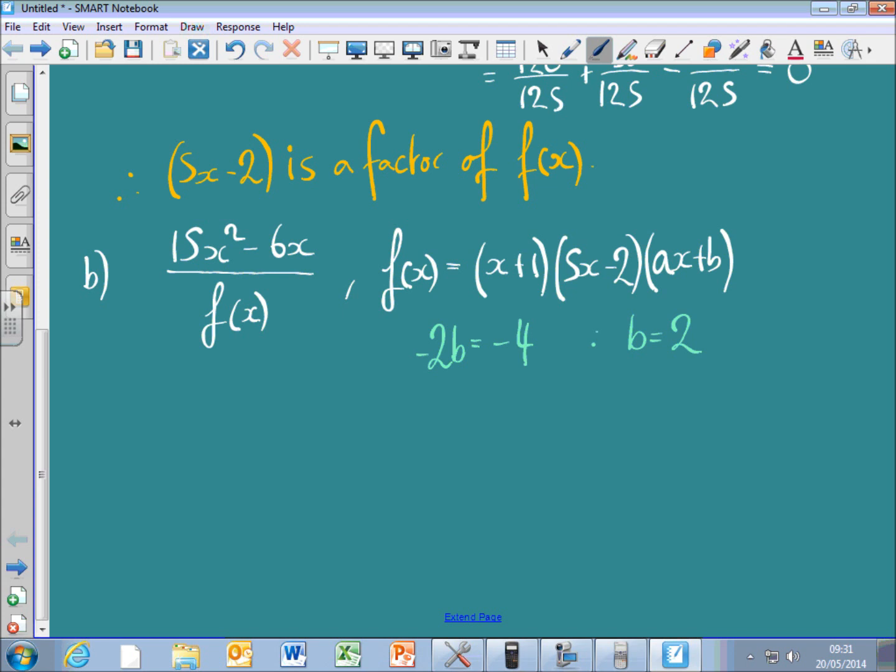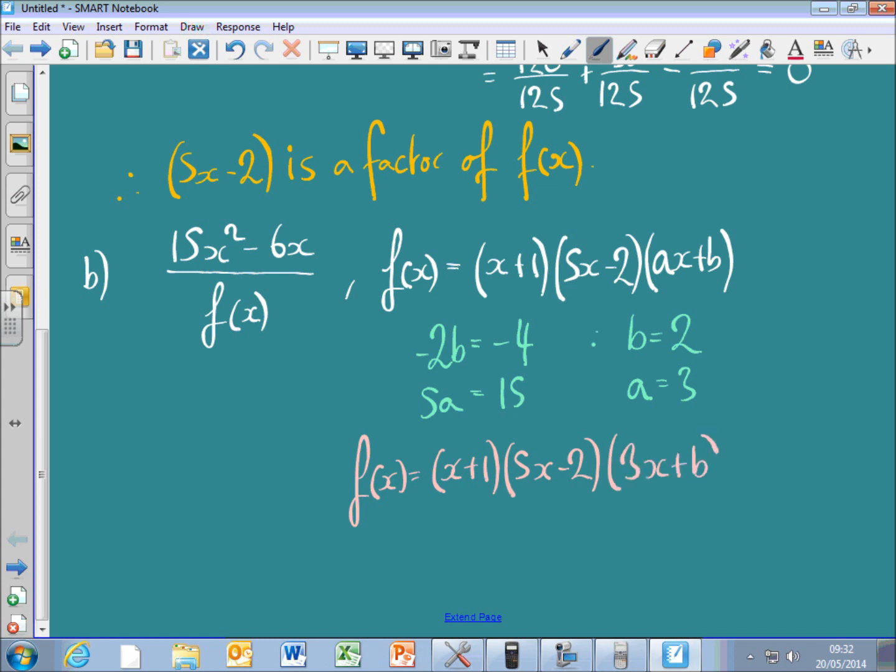So I get 5a has got to equal 15, so a equals 3. And now I've got f of x in terms of its linear factors. So now I know that f of x is equal to x plus 1, 5x take 2, and now 3x plus 2.